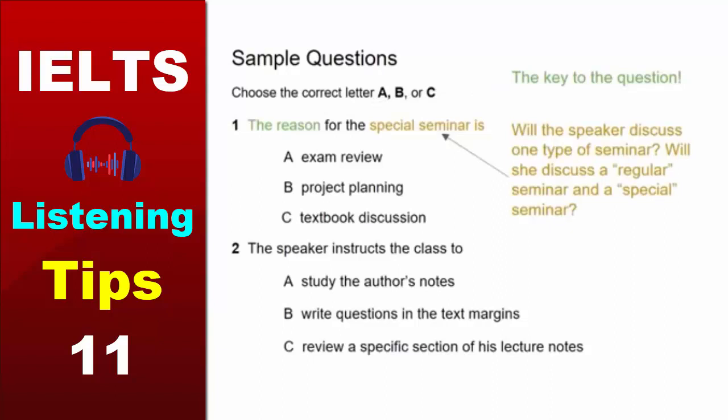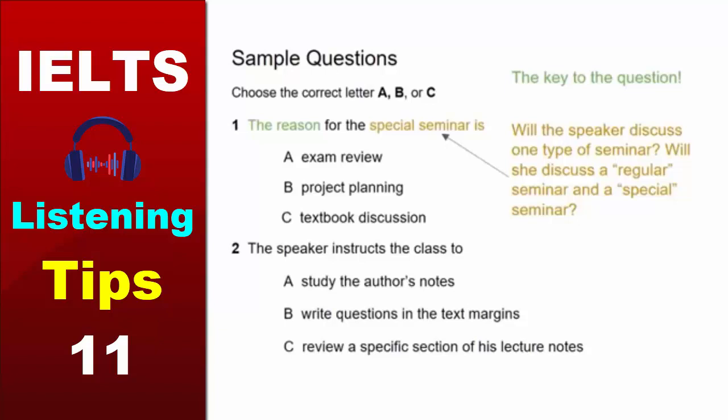Okay, now some things to think about with this particular question prompt. All right, now it says special seminar, the reason for the special seminar. Now, we haven't listened to the passage yet. We don't know what the speakers are going to say. So we should ask ourselves a question. Is this going to be one of several kinds of seminars discussed in the passage? Is there going to be a regular seminar or some kind of different seminar described?